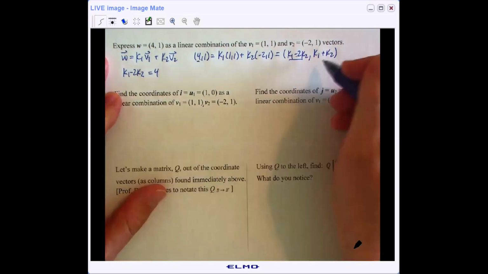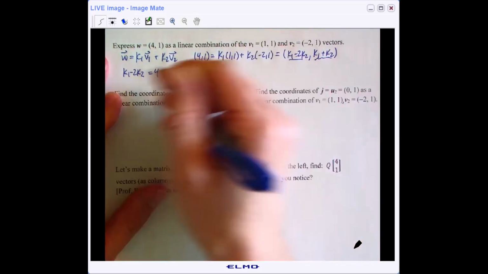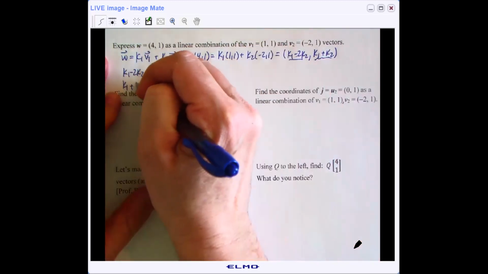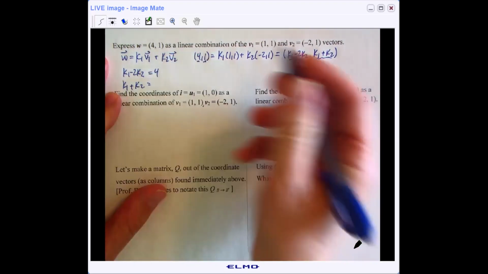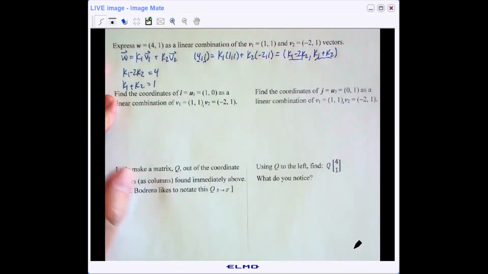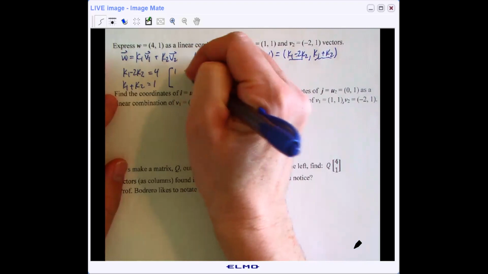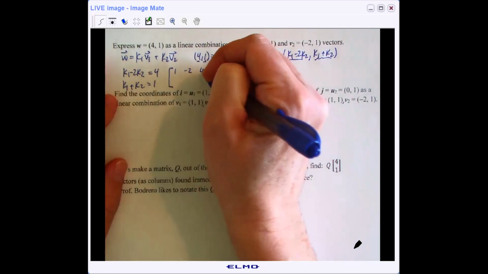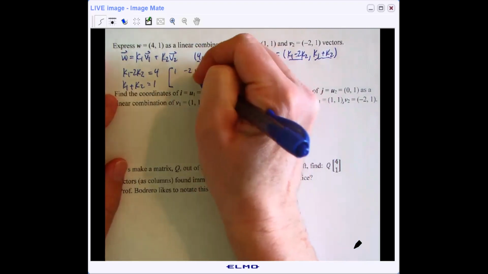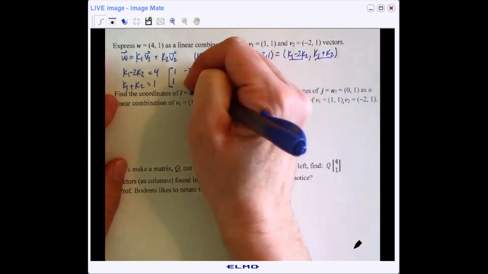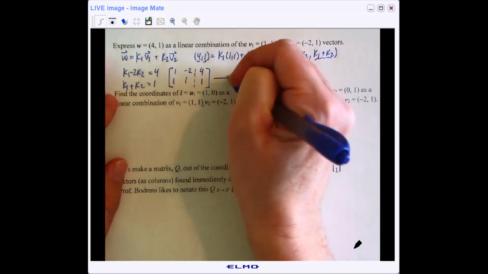And if the second components are equal, then K1 plus K2 is equal to 1. Okay. And we could set this up as a system on our calculator. We could solve this using substitution. We might even do some basic elimination. But I'll just go ahead and RREF this matrix.